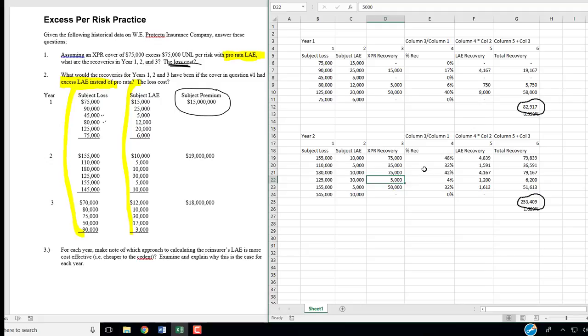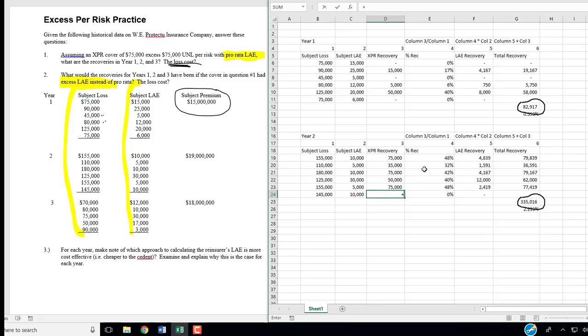The 125 here does not exceed the coverage, and so we know it's going to be 125,000 minus 75,000 or 50,000. And then our next loss of 155,000 does exceed the attachment point. So it's going to cap out at 75,000.